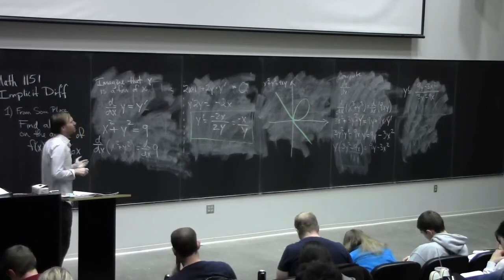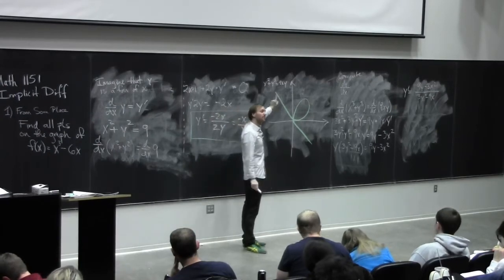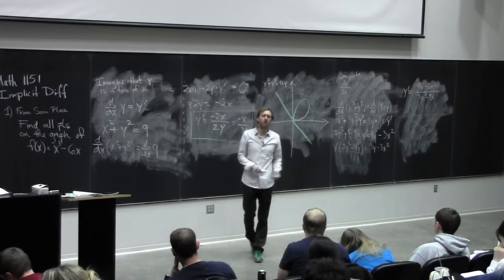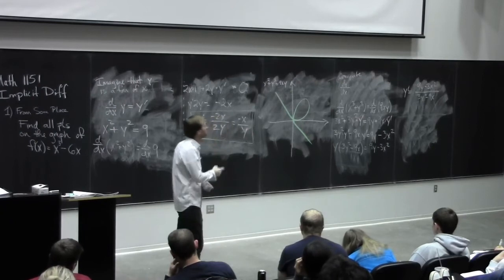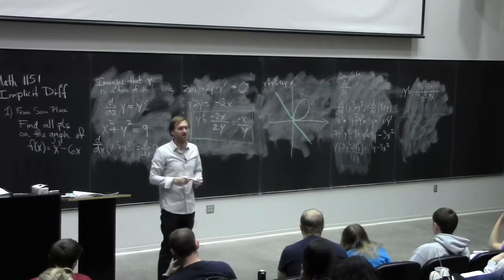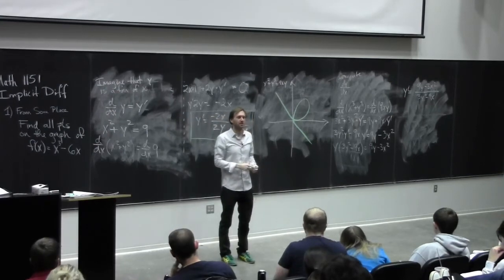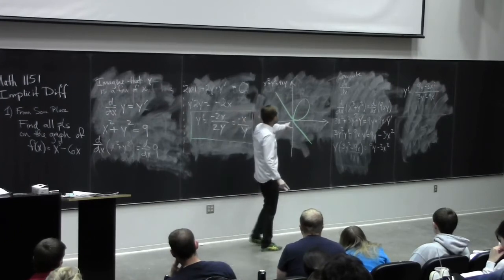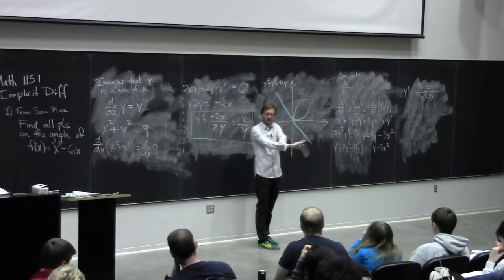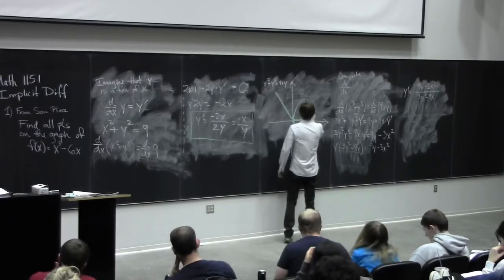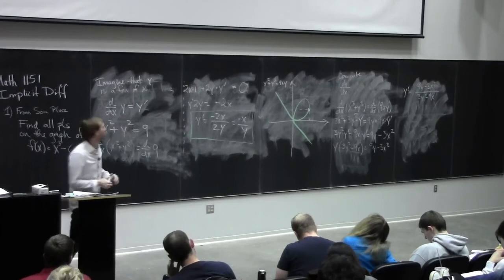Can anybody tell me a point on this curve? The answer is yes, you all can. 0, 0 is a point on this curve. And what happens when you plug in 0, 0 to that formula there? It's undefined, right? And why should it be undefined? The tangent line has no clue where to go right here. The curve is crossing itself. All right, so that makes sense. Now if we really want to investigate this, we should have another point. And so the other point on this curve will be 4, 2.